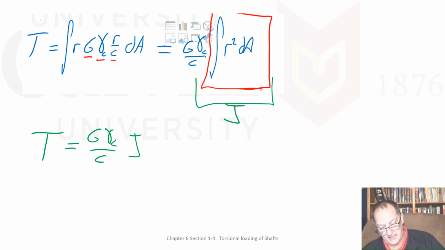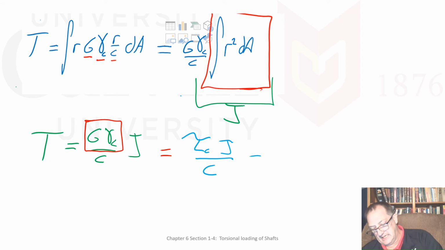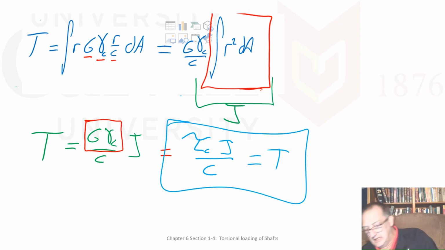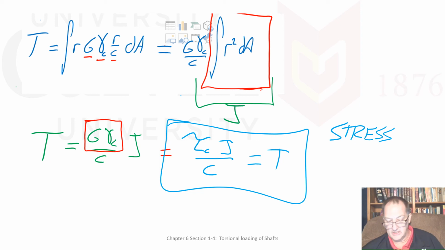But now let's take this term and replace it back with tau. So I'm going to have tau at C, and that's going to be the maximum shear times J divided by C. And this is the big stress equation that I'm going to have in chapter 6 when I deal with torsion.